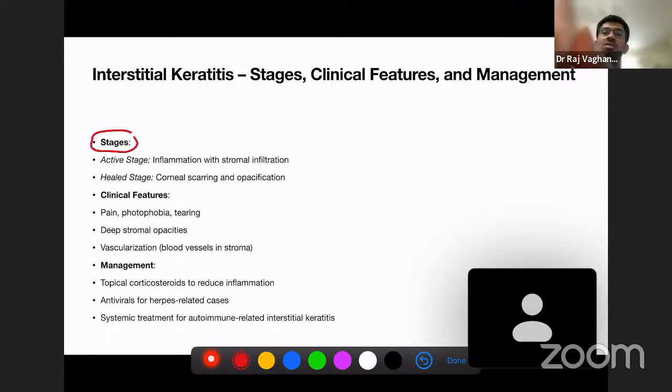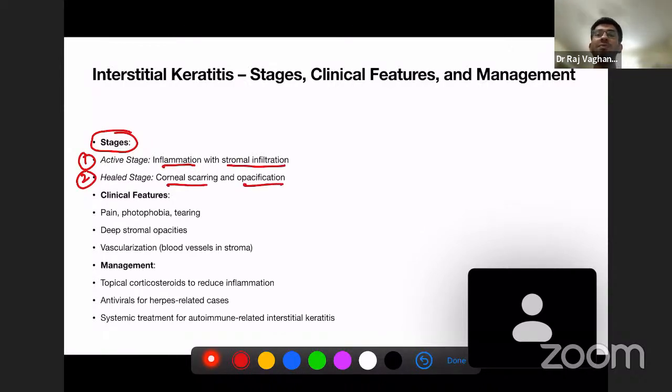So what are the stages? First is the active stage, second is the healed stage. In the active stage, there is inflammation with stromal infiltration. There is a stroma layer in the cornea, and we are going to discuss the layers of the cornea in the upcoming slides.